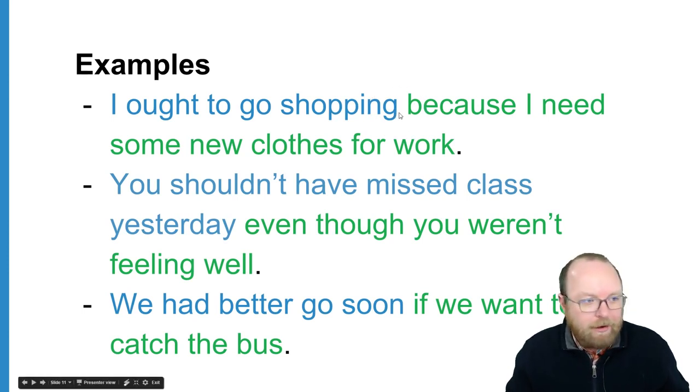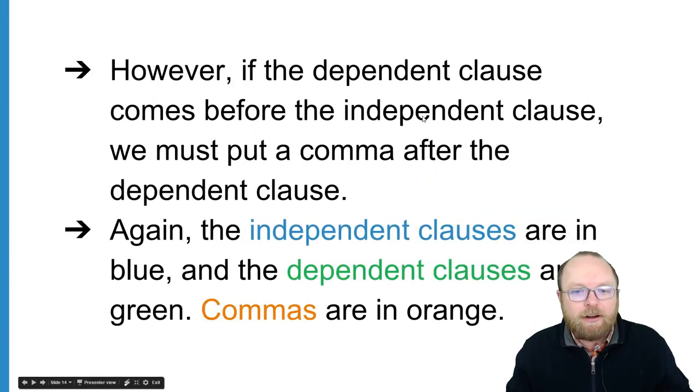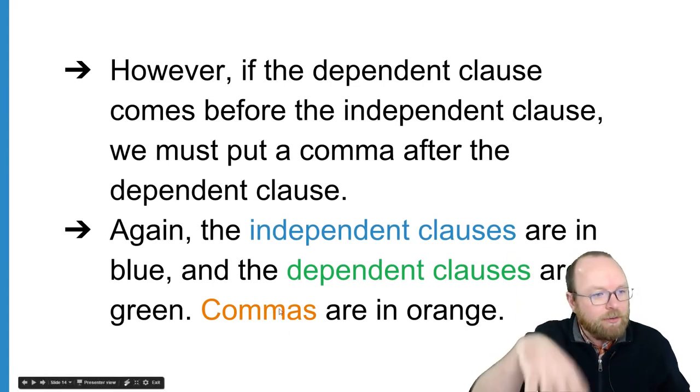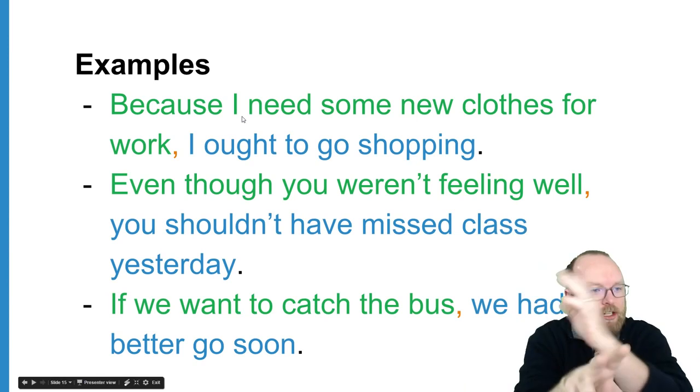No. But what happens if you start a sentence with the dependent clause? Well, let's skip this part. We use commas, okay? You don't have to read all this, guys, but just look. Same sentences. You see, I changed the order.